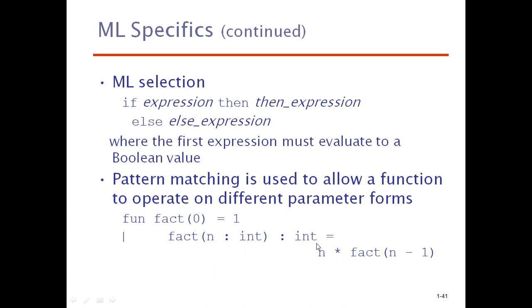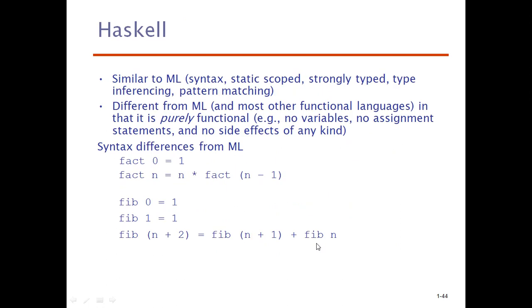But in Haskell these things will not be there. Fact n = n * fact (n - 1). Fib means Fibonacci series. Fib 0 = 1, fib 1 = 1, fib (n + 2) = fib (n + 1) + fib n. This is the way Haskell syntax is written.